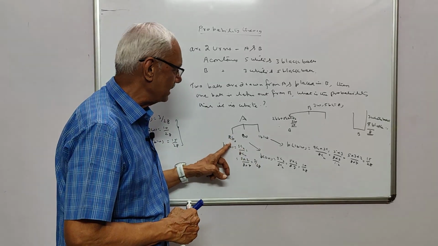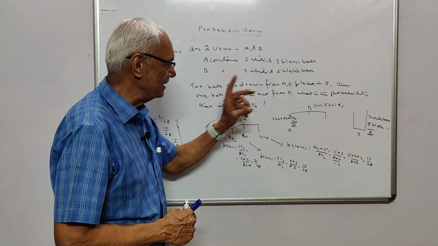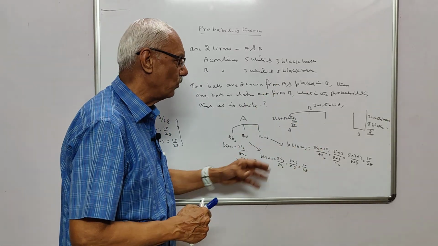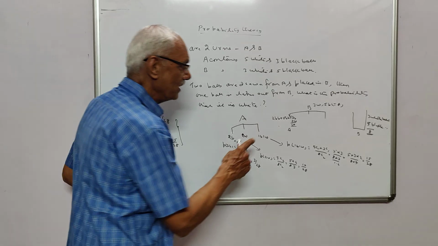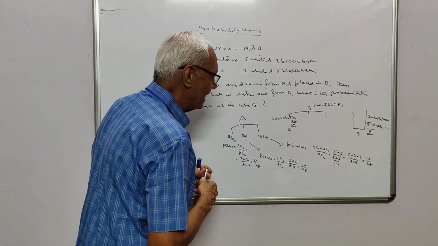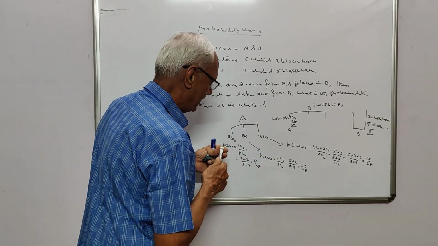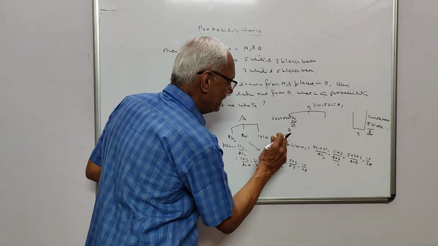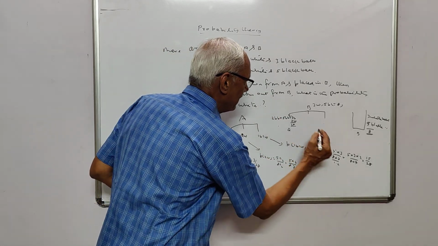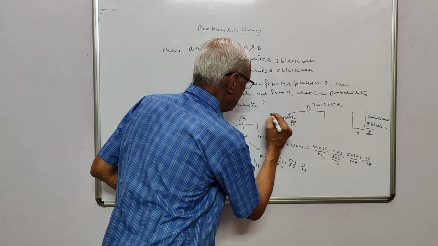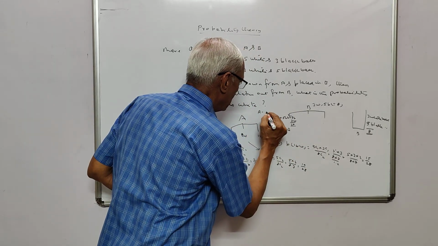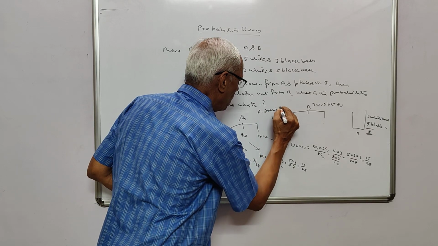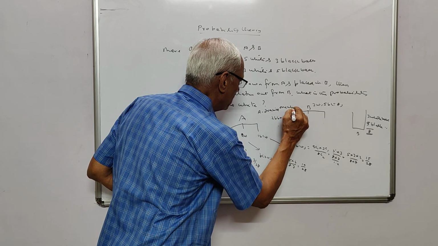So in the first case it is 2B, in the second case it is 2W, in the third case it is 1B and 1W. Therefore I should say that here this A, I will write it here.